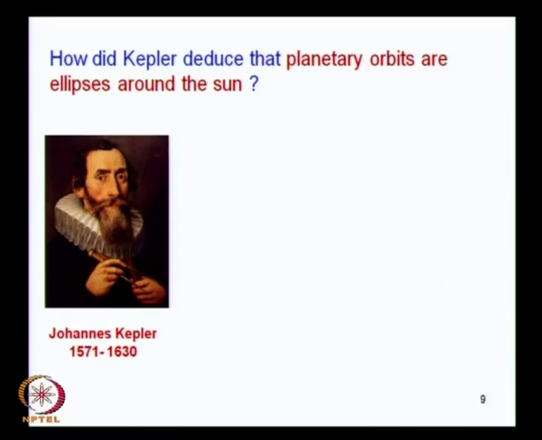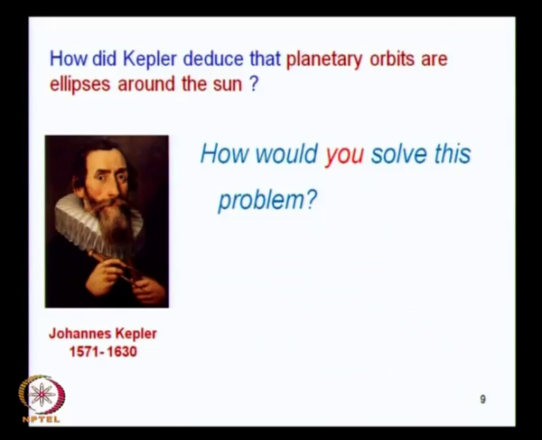if it is known that the interaction between the planet and the sun is given by the law of gravity, which is G m1 m2 by r squared, that is, the force of attraction between two masses. So, how would you solve this problem?